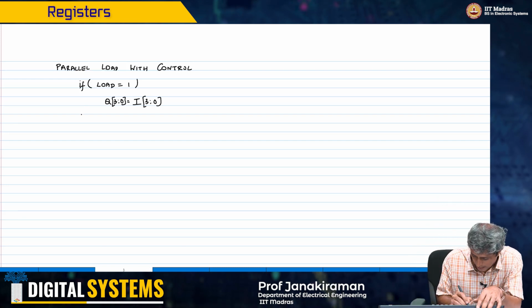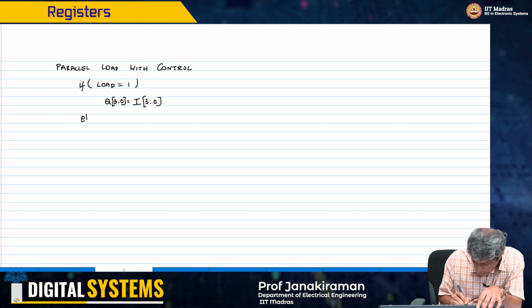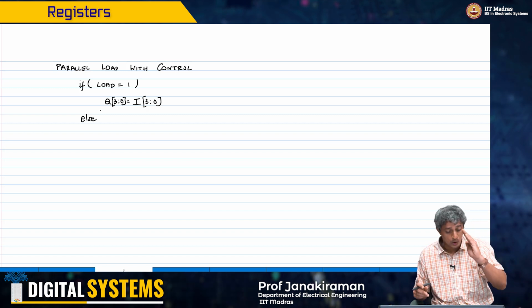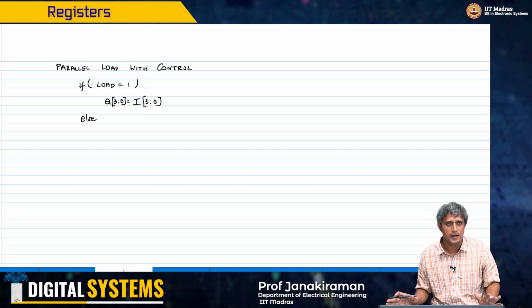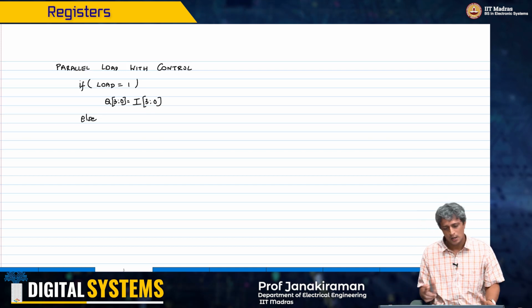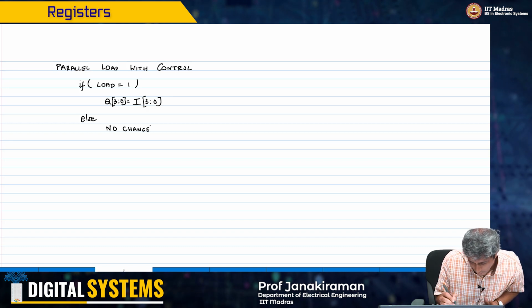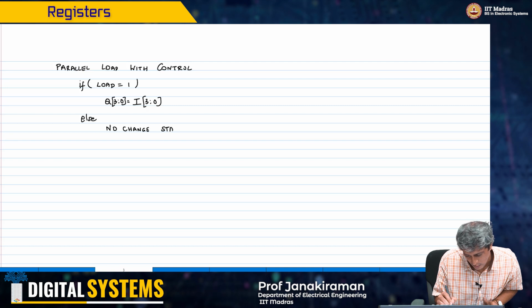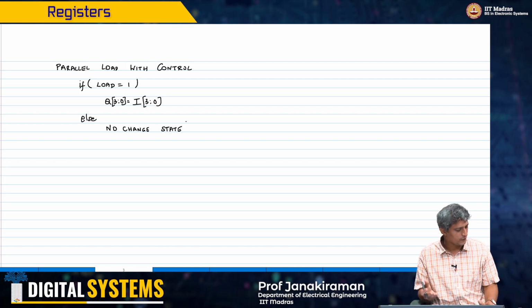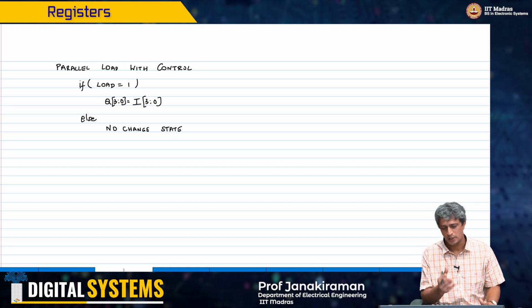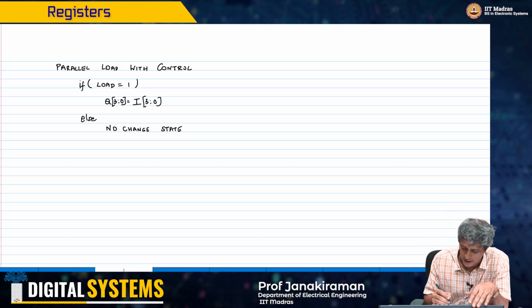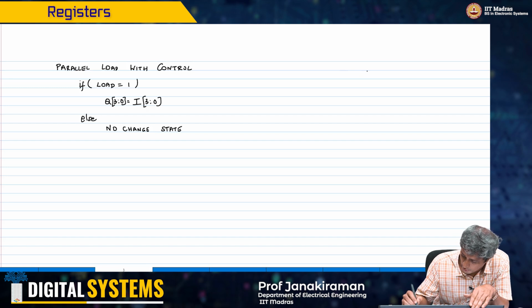Now else, when load is not high, I basically want my Q to remain in no change state. This is sort of the pseudo code that we are writing for this particular thing. So let us see how we can implement this property now.